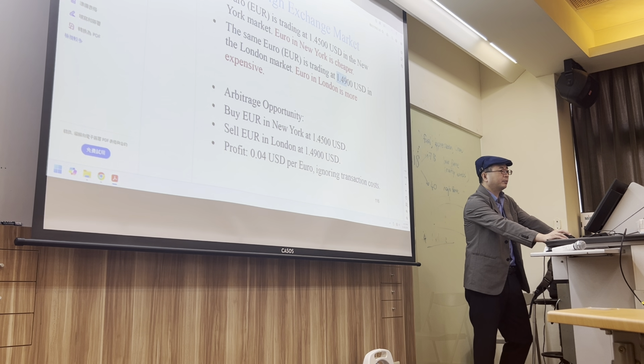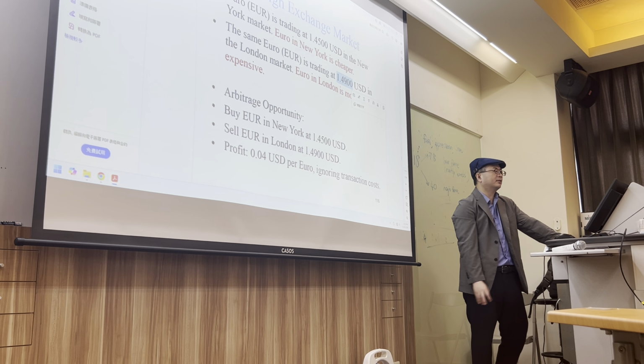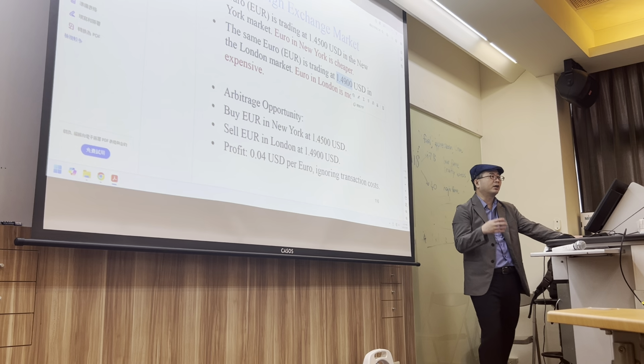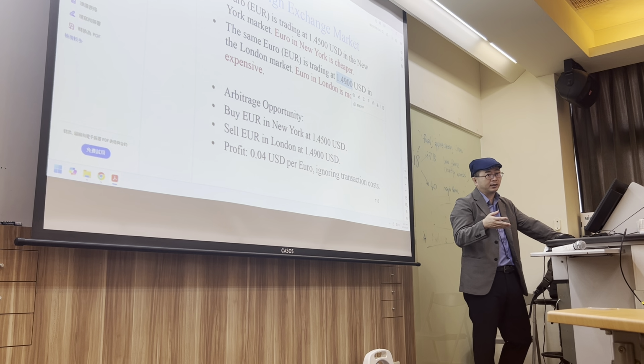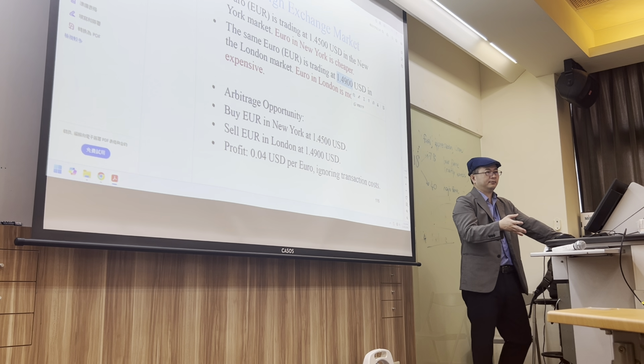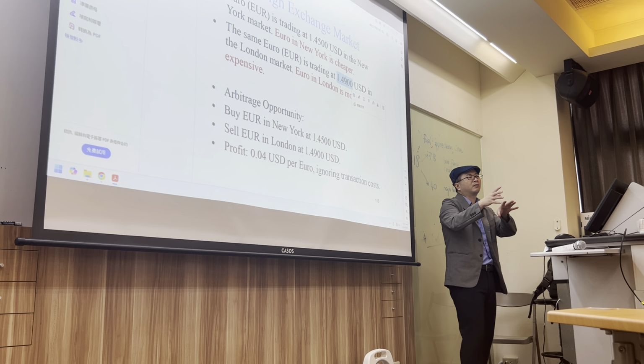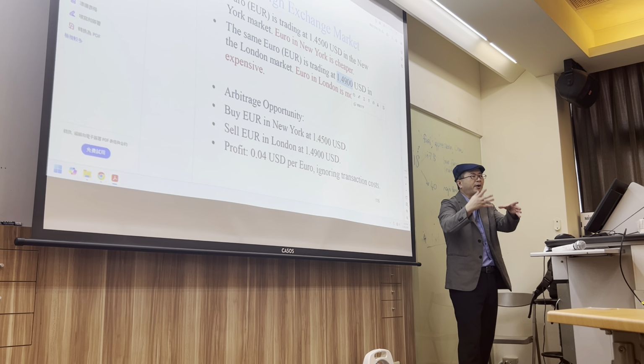It will be this number. So this means the euro is more expensive in the London market. By contrast, the euro is cheaper in New York. Now you know where the euro is undervalued and where it is overvalued.